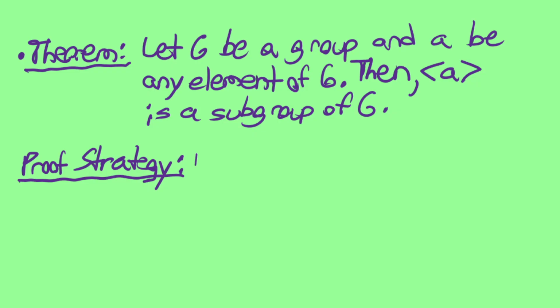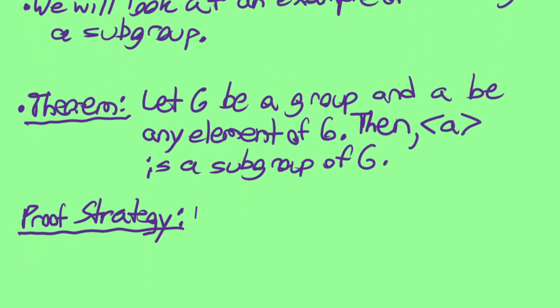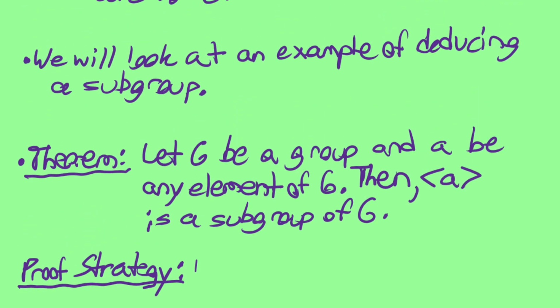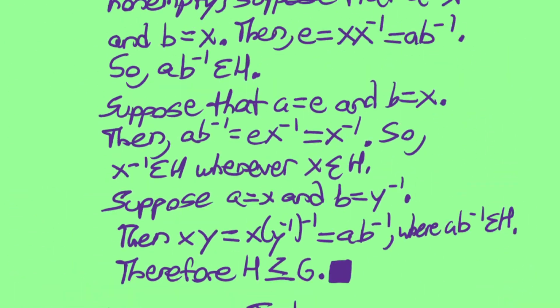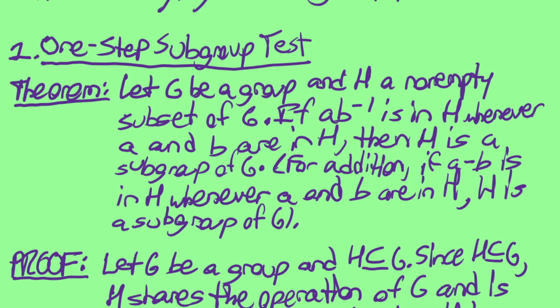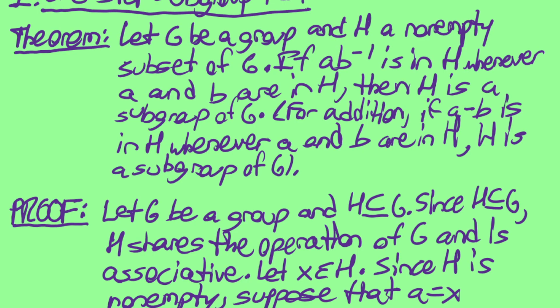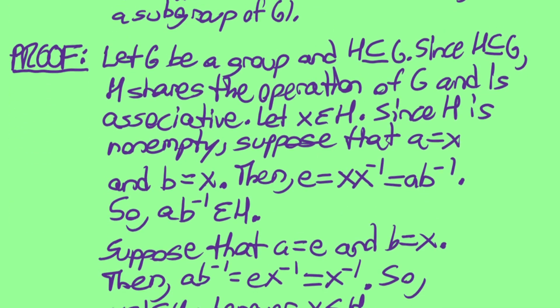We are wanting to prove that for the group G and an element A, this subset A is a subgroup of G. Well, when we look at these three subgroup tests, the simplest test that would probably logically make sense would be the one-step subgroup test, where for two elements inside the subset, if we have one element composed with the inverse of the other, then it is a subgroup.